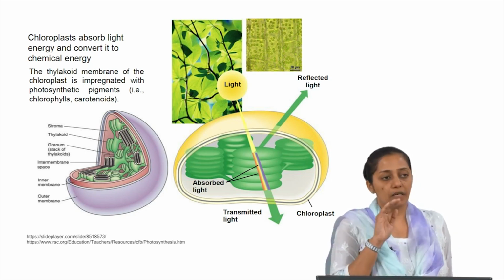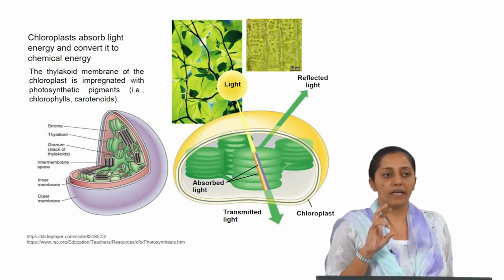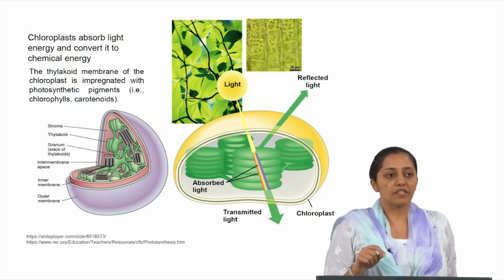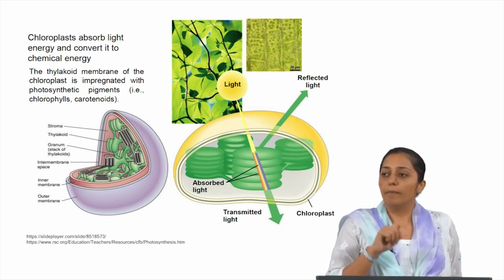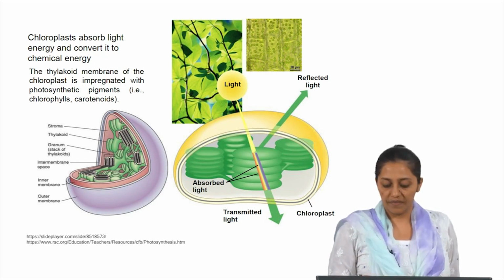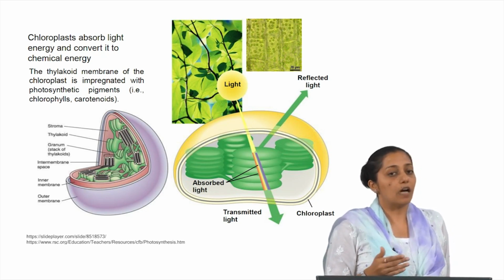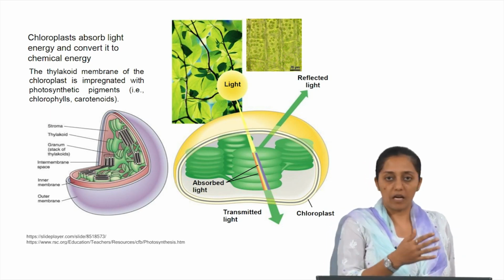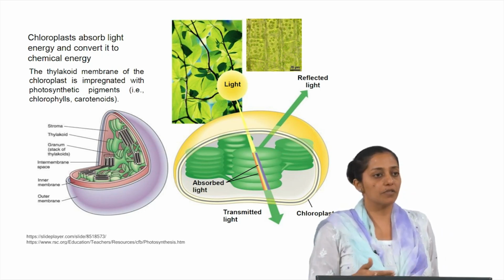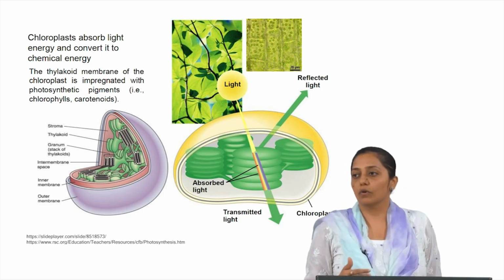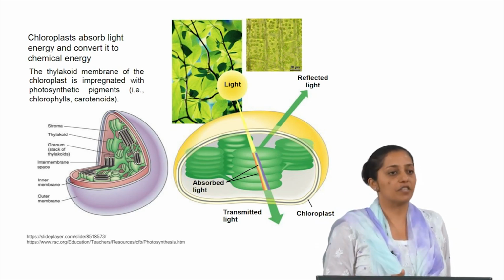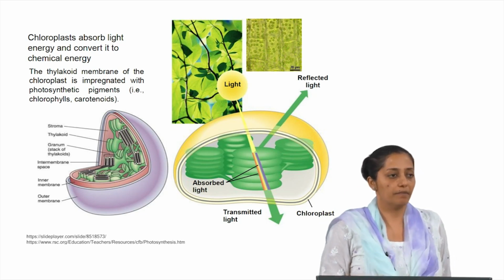Now, they have a number of granular sacs which are called thylakoids. The light reactions happen in the membrane of these thylakoids, and the carbon fixation happens at the stroma. The carbon dioxide diffuses in the stroma through the chloroplast, and it is transparent to light. Light can easily pass through the chloroplast membrane.